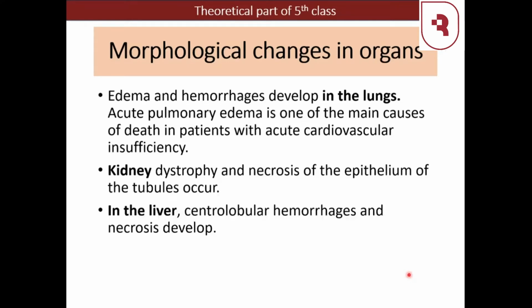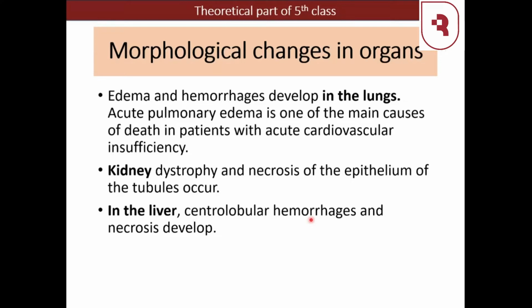For edema, it is really important to find fluid accumulation between the cells, and one of the new anatomical formations is hemorrhages. Hemorrhages are associated with accumulation of erythrocytes, or red blood cells, outside of the vessel wall, and accumulation of erythrocytes between cells of the parenchyma of these organs.